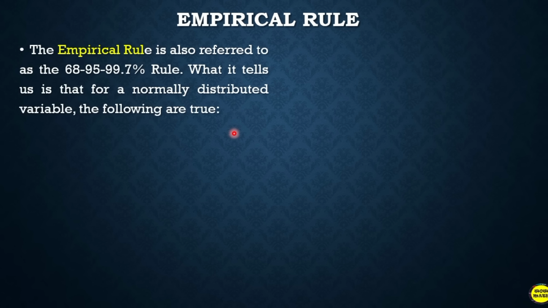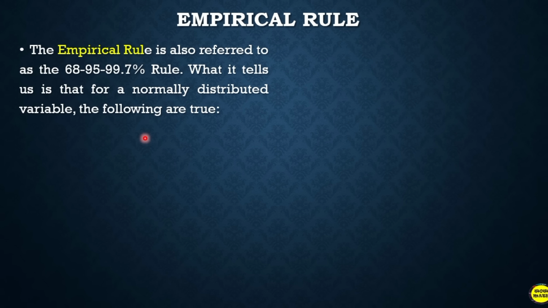So note, also known as 68, 95, or 99.7% rule. It tells us that for a normally distributed variable, the following are true. First, okay, so again, bago ko ipakita yung sa 68%, 95%, and 99%, pakitandaan ng class that the empirical rule is actually a theoretical result based on the analysis of the normal distribution.